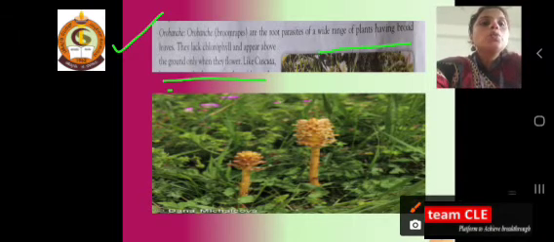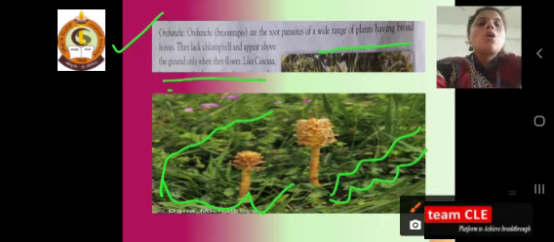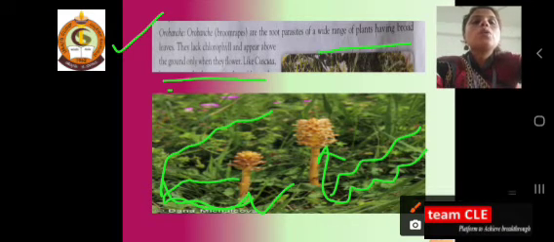These are root parasites of a wide range of plants having broad leaves. But they lack chlorophyll and appear above the ground only when they flower. If flowers come, then only will it appear. But they don't have chlorophyll.